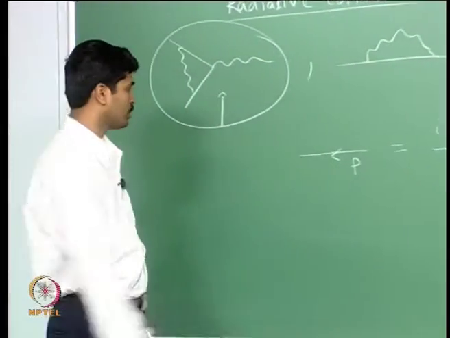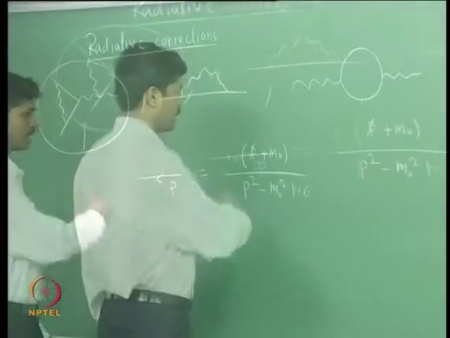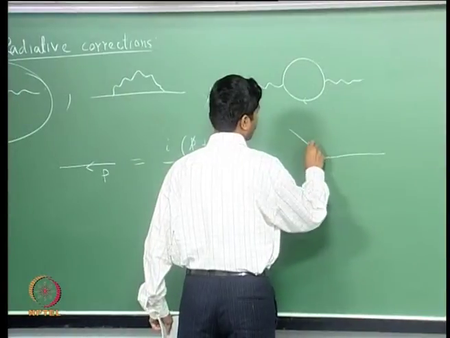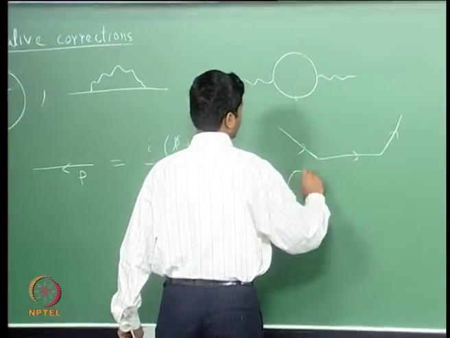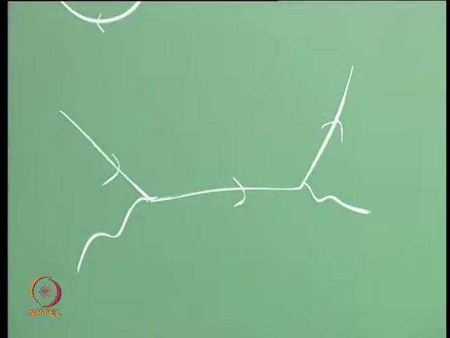Basically, you consider this in between some external lines. For example, if you have a process like this, something like that, the propagator part is given by this.